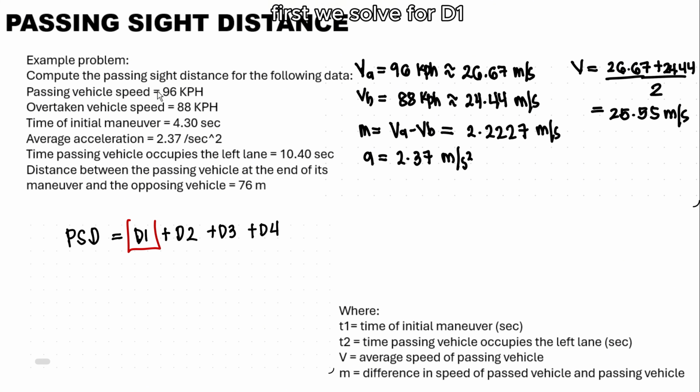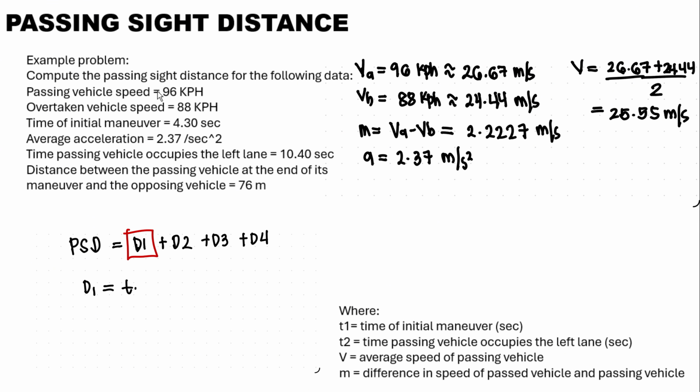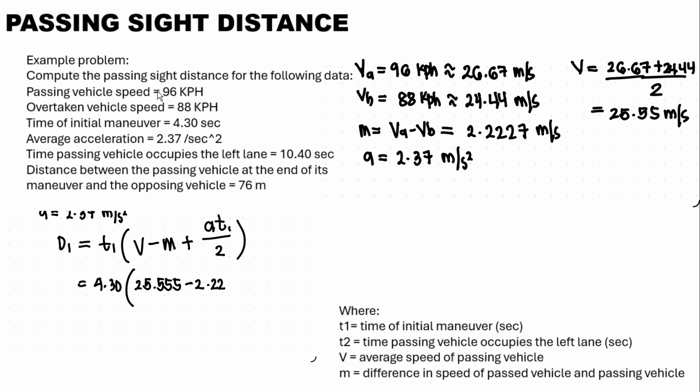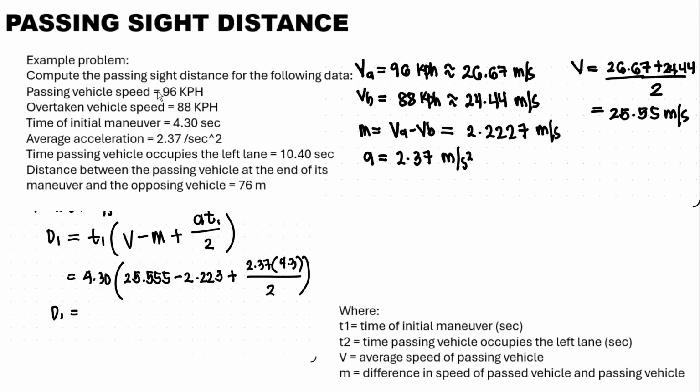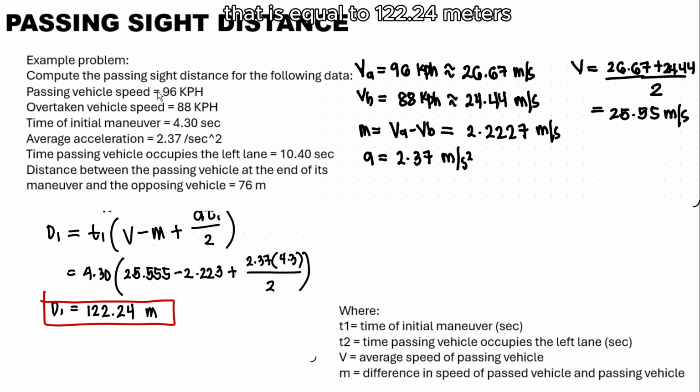First, we solve for D1 using our speed difference and acceleration rate. That will give us a value of D1 equal to 122.24 meters.